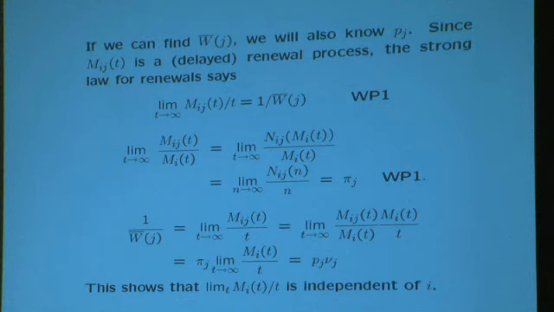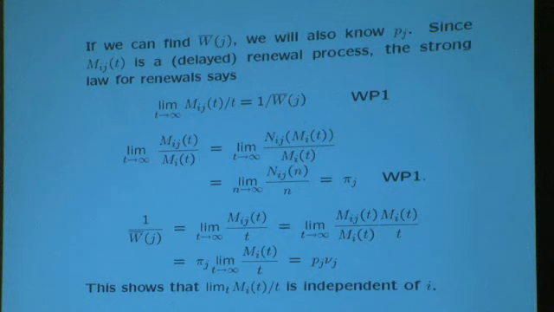M sub ij of t is the delayed renewal process. The strong law for renewals says the limit as t approaches infinity of m sub ij of t over t is 1 over this waiting time. This is the number of renewals you have as t goes to infinity. This is equal to 1 over the expected length of that renewal period.